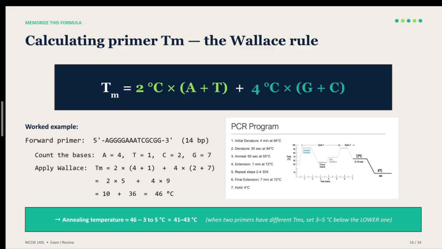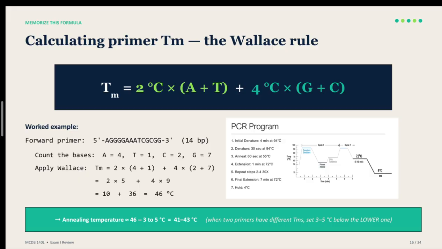So melting temperature is equal to 2 times the number of adenines and thymines plus 4 times the number of guanines and cytosines. And you should think for a moment why that kind of makes sense, and why guanine and cytosine is worth more temperature than adenine and thymine, right? Because TM is just describing the melting temperature, right? It's the temperature at which 50% of your sample is melted.